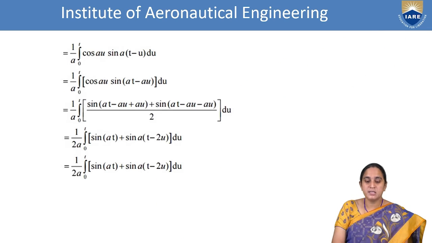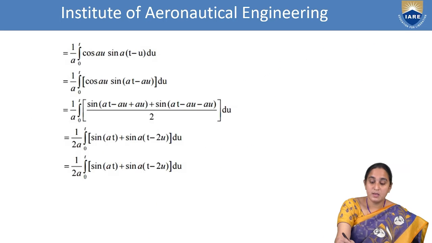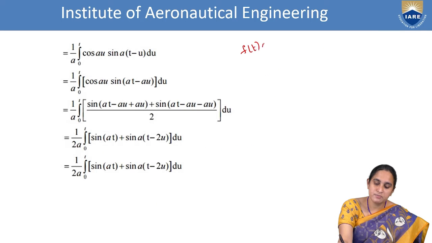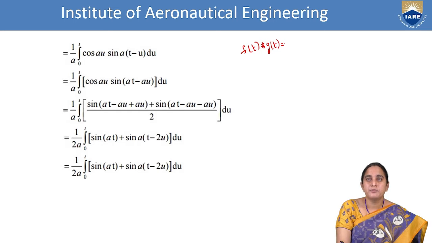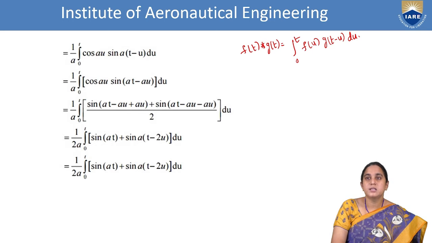From the theorem statement, f of t star g of t is equal to the integral from 0 to t of f of u g of t minus u du. This is the convolution theorem statement. From that, now I'll convert the functions.